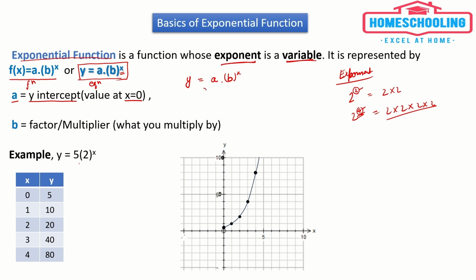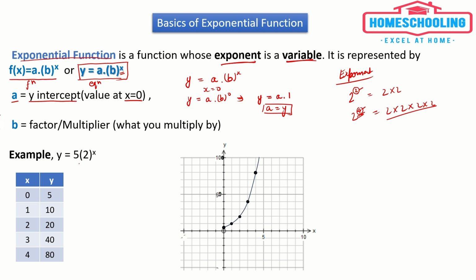So let's put x = 0 here. So what is going to be y here? So a into b to the power 0. Anything to the power 0 would be 1. So we can say that y = a times 1. So a is equal to y. So when x is equal to 0, a is equal to y. That's why a is called your y-intercept.